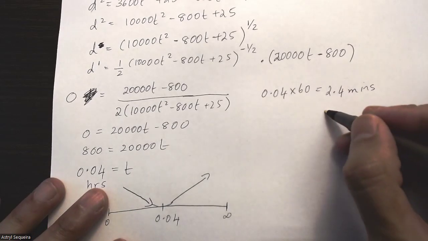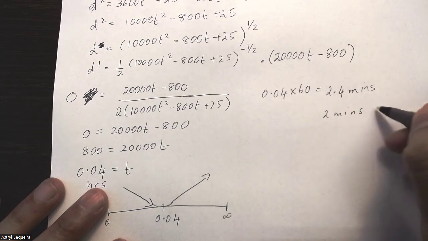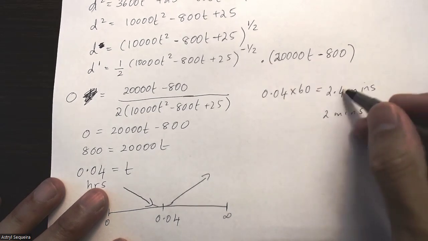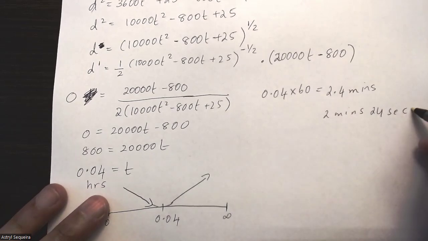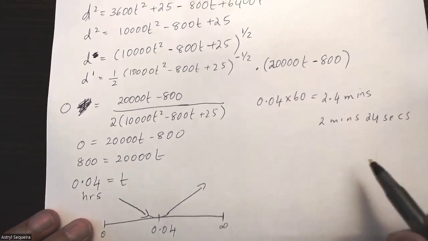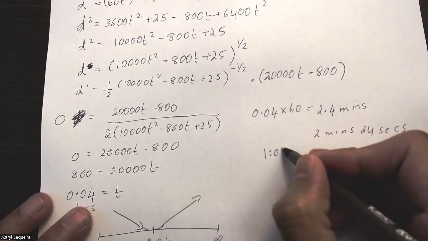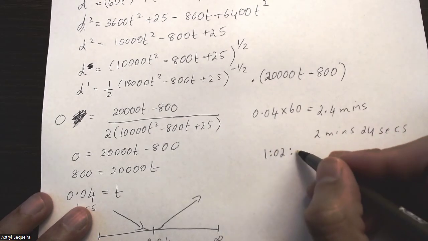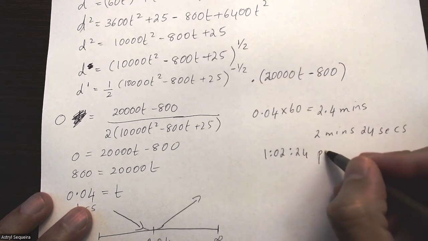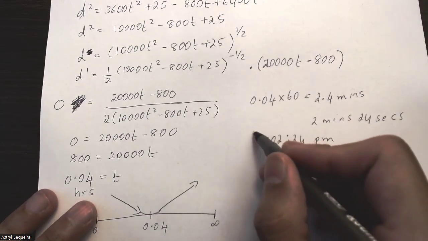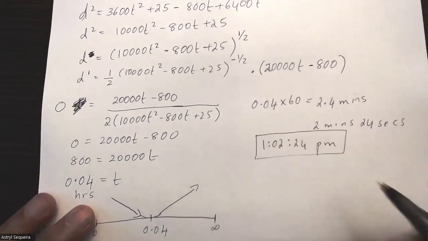So it's 2 minutes and 24 seconds. So the time with the closest distance is 1:02:24 p.m. That's the exact time with hours, minutes, and seconds.